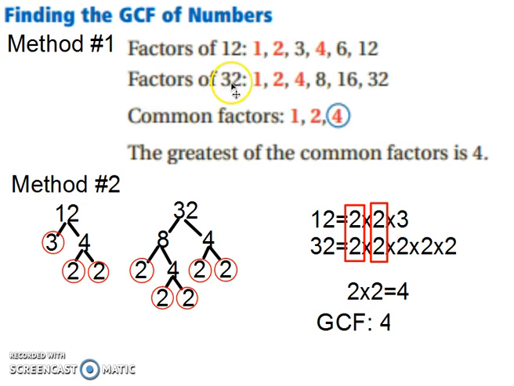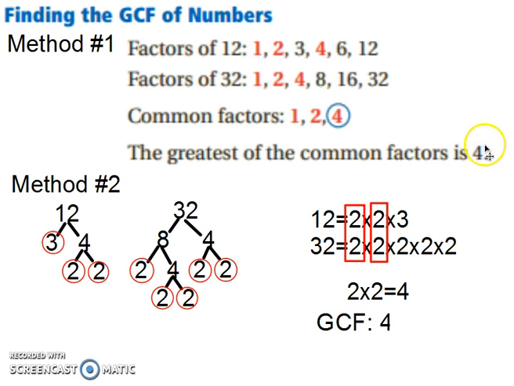And then the factors of 32 would be 1 and 32, 2 and 16, and 4 and 8. The common factors are 1, 2, and 4. None of the other ones do they have in common. Since you want the greatest common factor, the greatest one that they both have is 4. So the greatest common factor is 4.